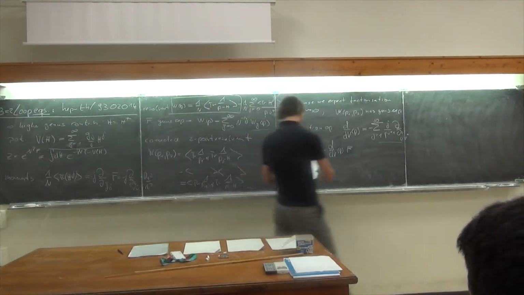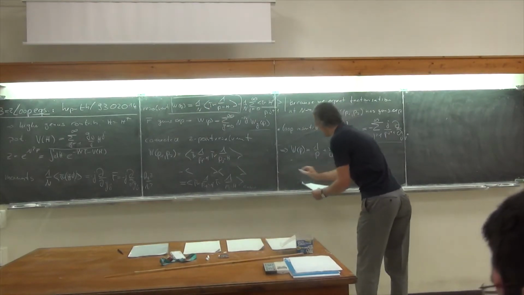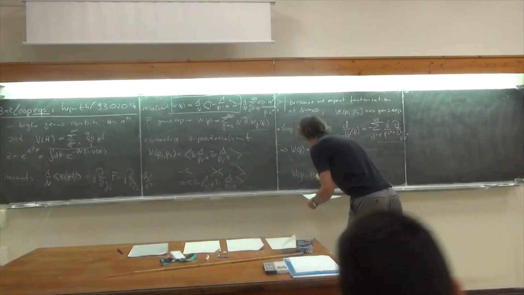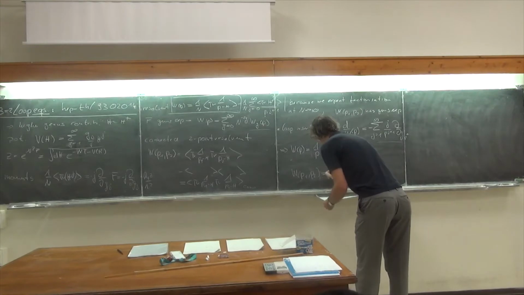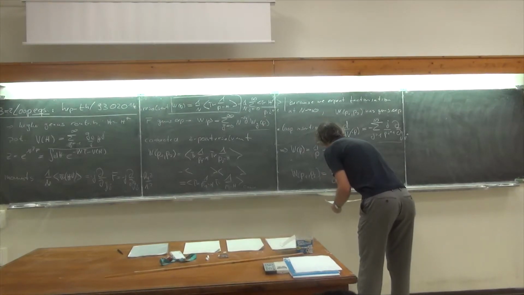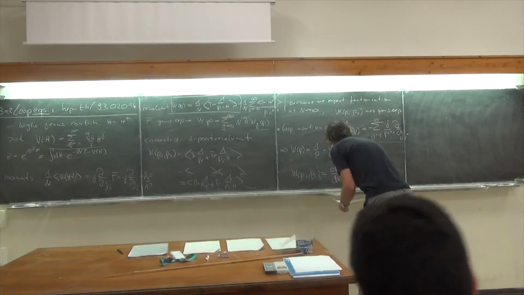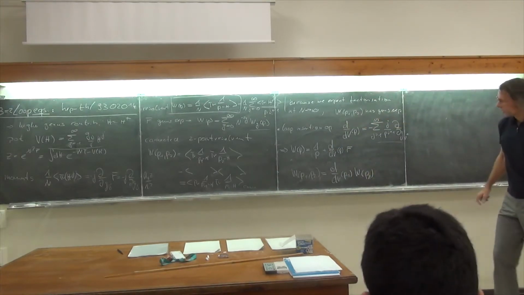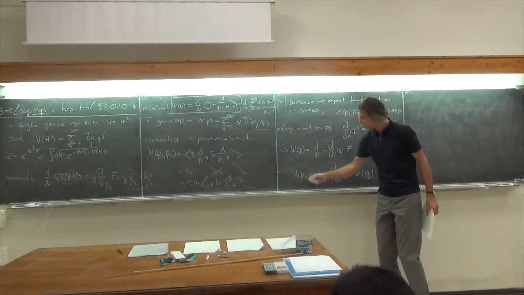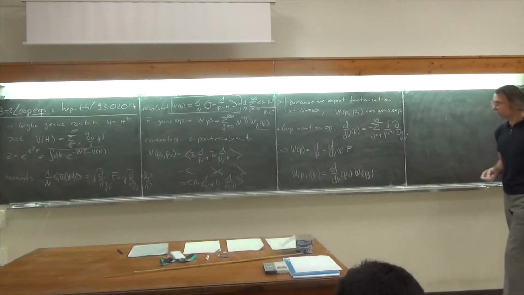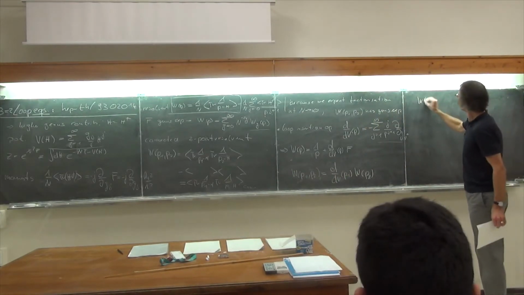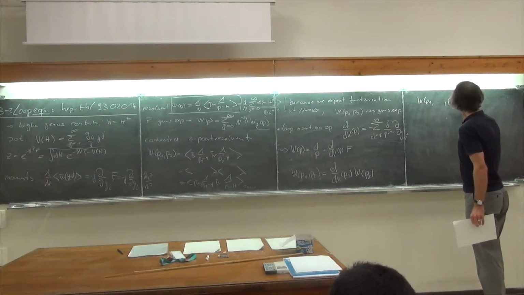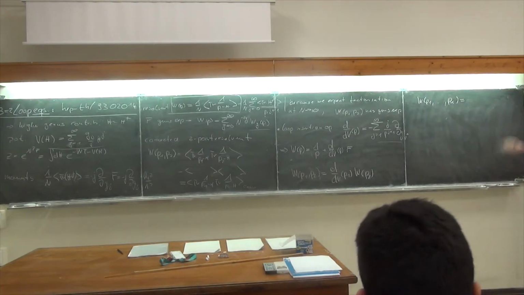There's a second relation like this, so we can also have W2 of p1, p2, and in fact the higher order connected resolvent, so the k-point resolvent, we get by successive differentiation.